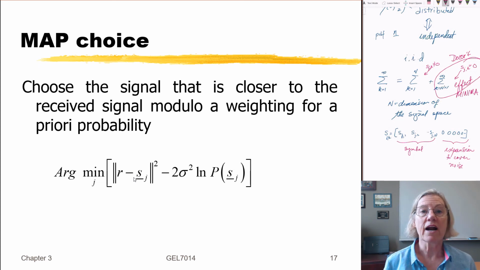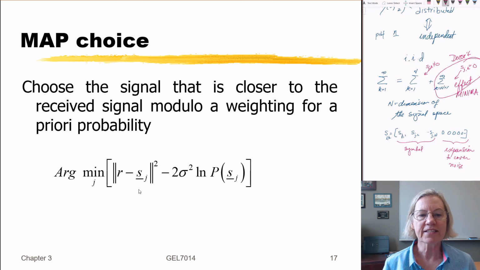So now we can write our MAP choice: choose the signal that is closer to the received signal. The definition of being close is this norm. Of course, we have a weighting which is based on the a priori probability.